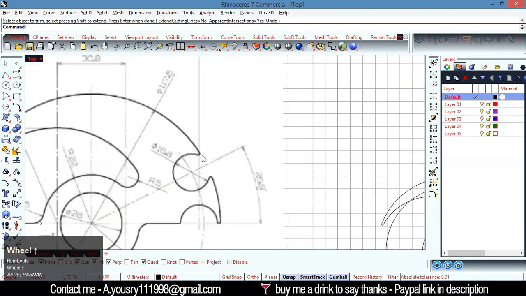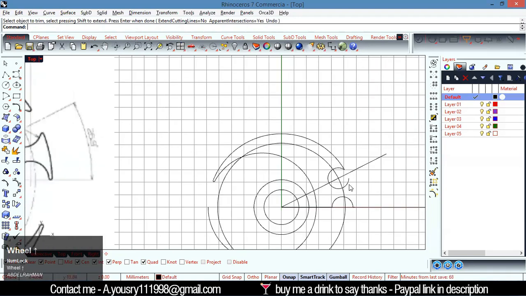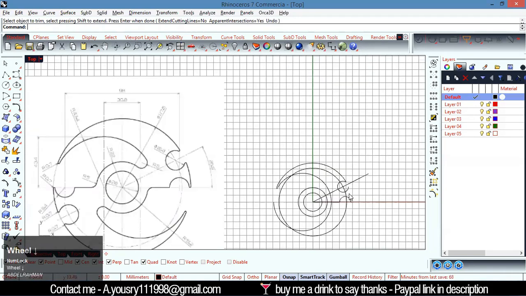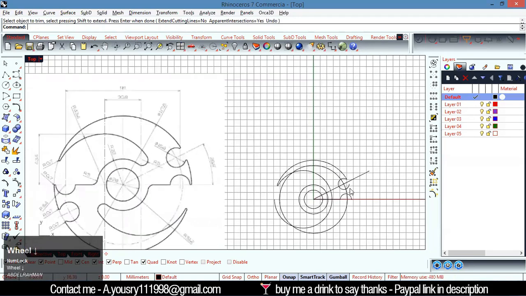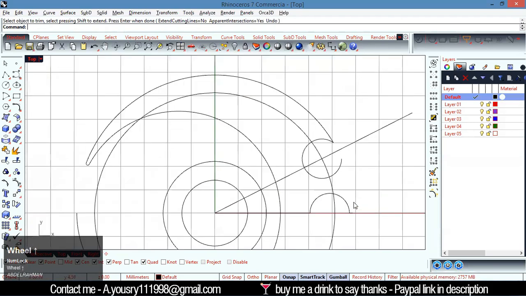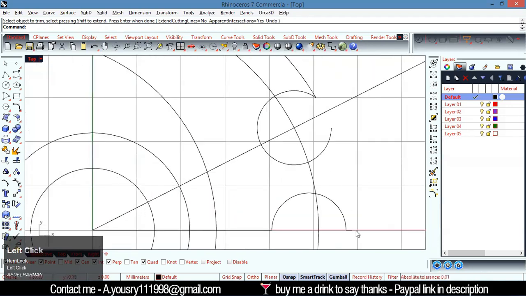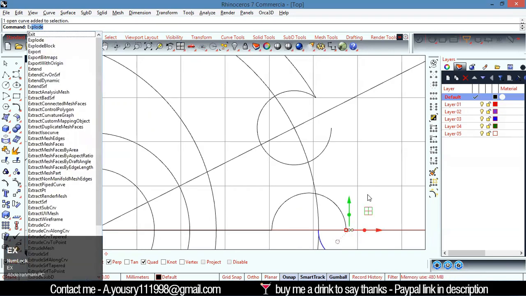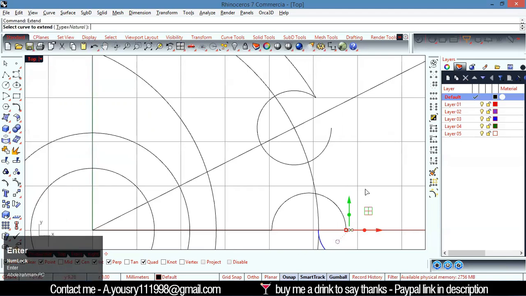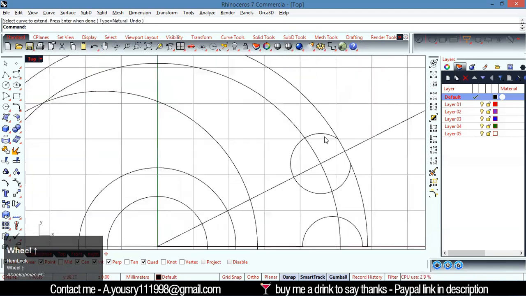Here, 0.7. If you can't see this, it's also trimmed. If I want to get it back, I can select that one, extend, okay, and pick that one, so it's extended.